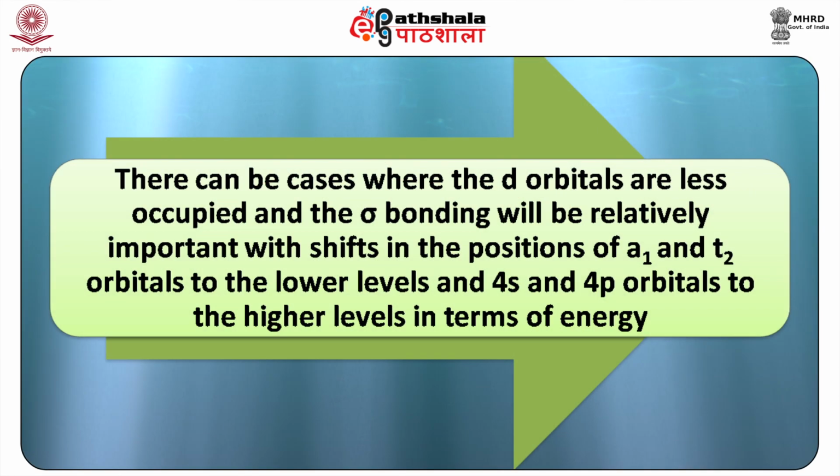There can be cases where the d orbitals are less occupied and the sigma bonding will be relatively important, which shifts the positions of A1 and T2 orbitals to lower levels and the 4s and 4p orbitals to higher levels in terms of energy.